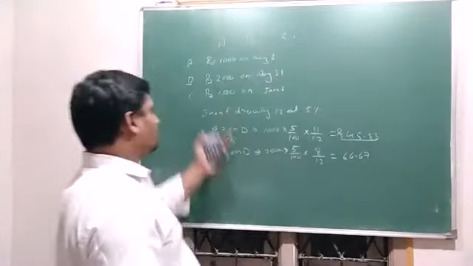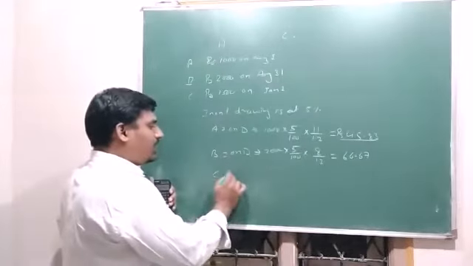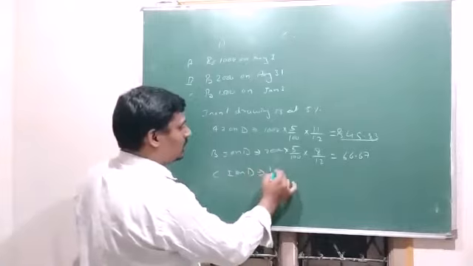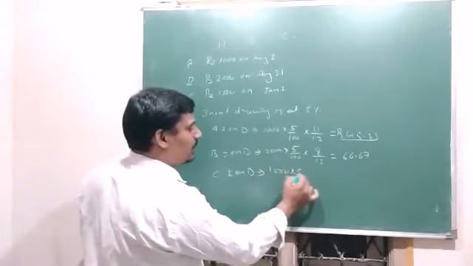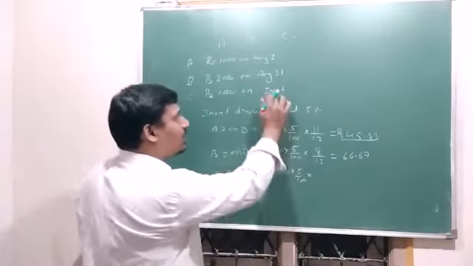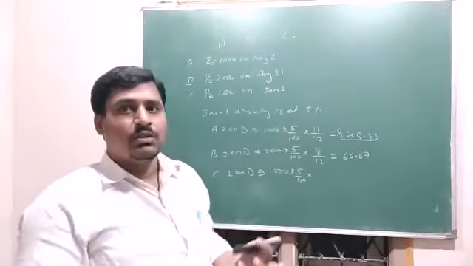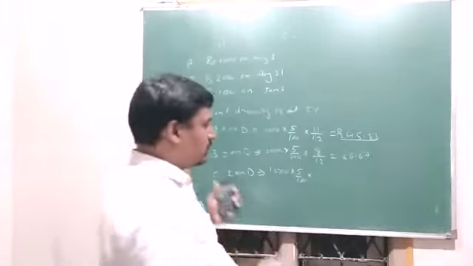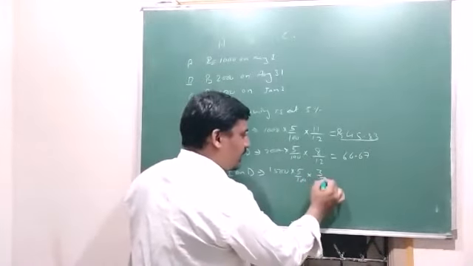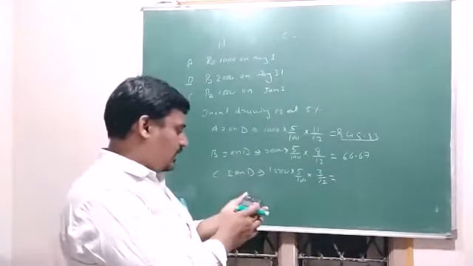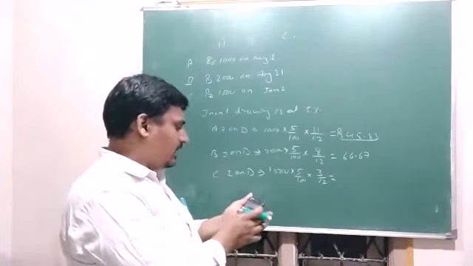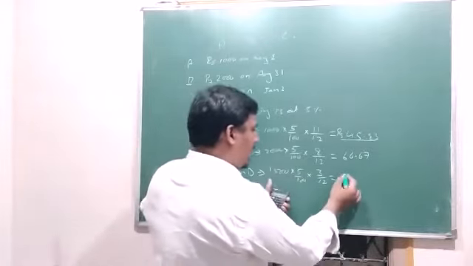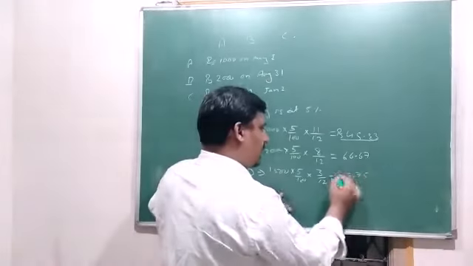Then C. C has withdrawn 1500 into 5%. He has withdrawn on January 1st. So January, February, March. For 3 months we have to charge interest on his drawings. So 3 divided by 12. So on 1500, 5% into 3 divided by 12 is equal to 18 rupees 75 paise.